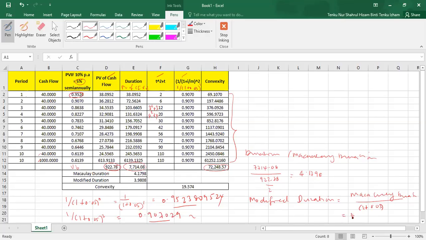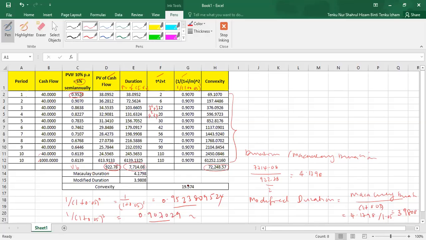So 4.1798 divided by 1.05, you get the modified duration of 3.9808. So far, it's quite easy to answer the modified duration as well as the Macaulay duration.